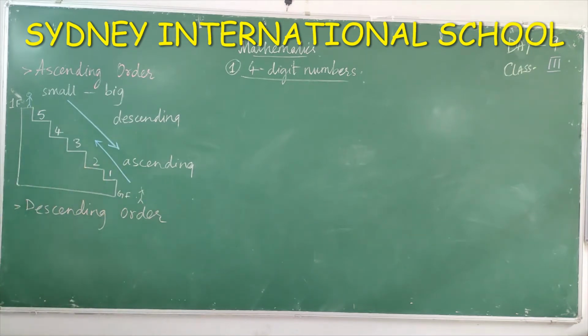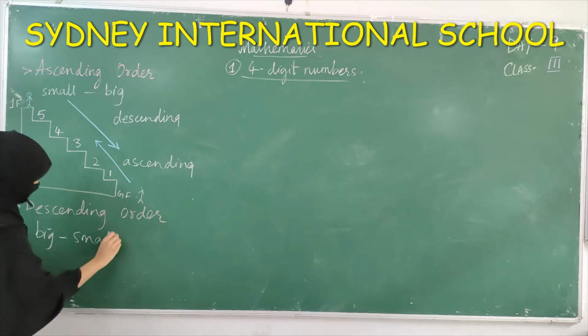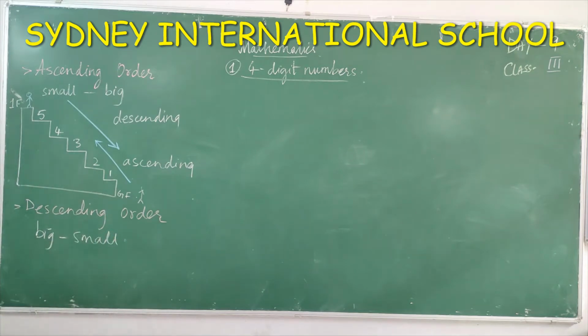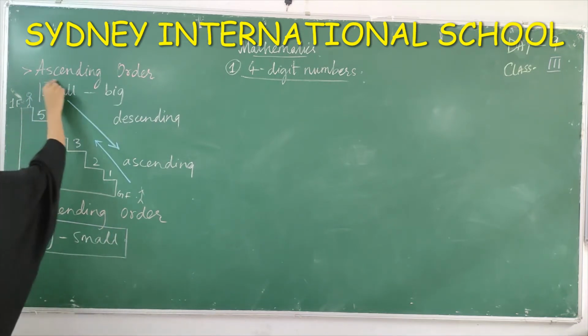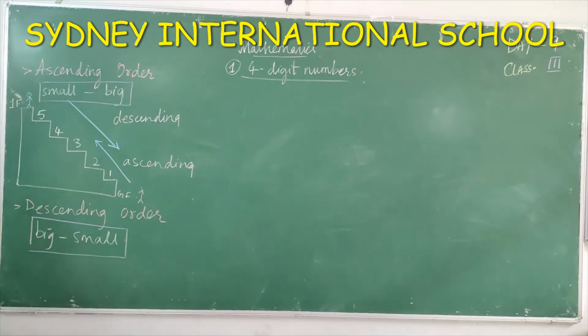This will be big to small, or biggest to smallest. Now, let's take an example. I'll take one example and we'll write it both in ascending and in descending order.